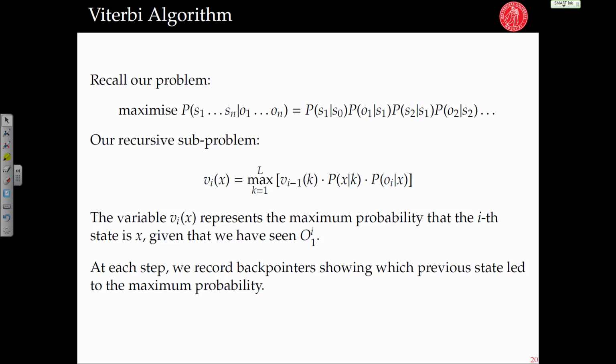And in order to do this, we will have to keep back pointers. We will have to record how we move from one state to another to achieve this maximum value of Vi of x, so that once we are done with the algorithm we can backtrace the solution.